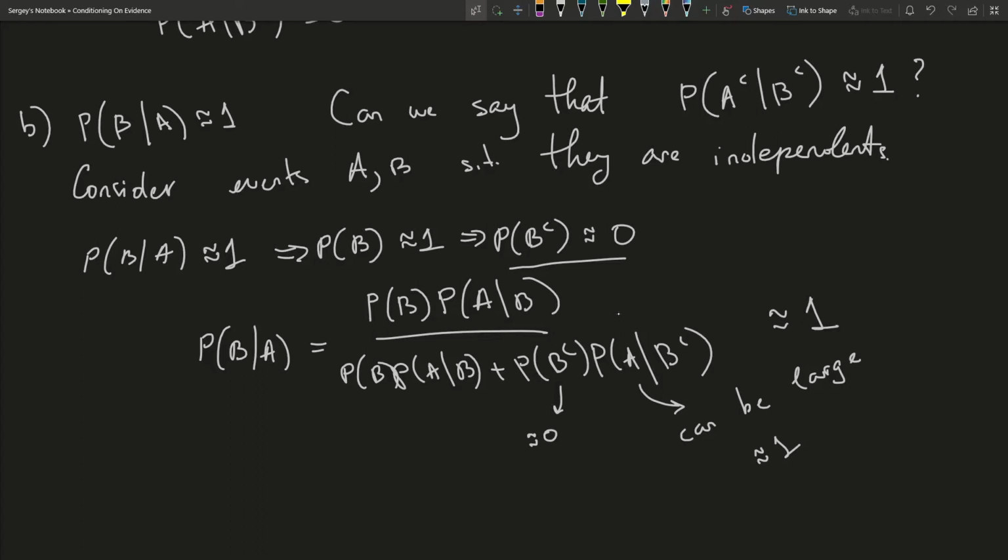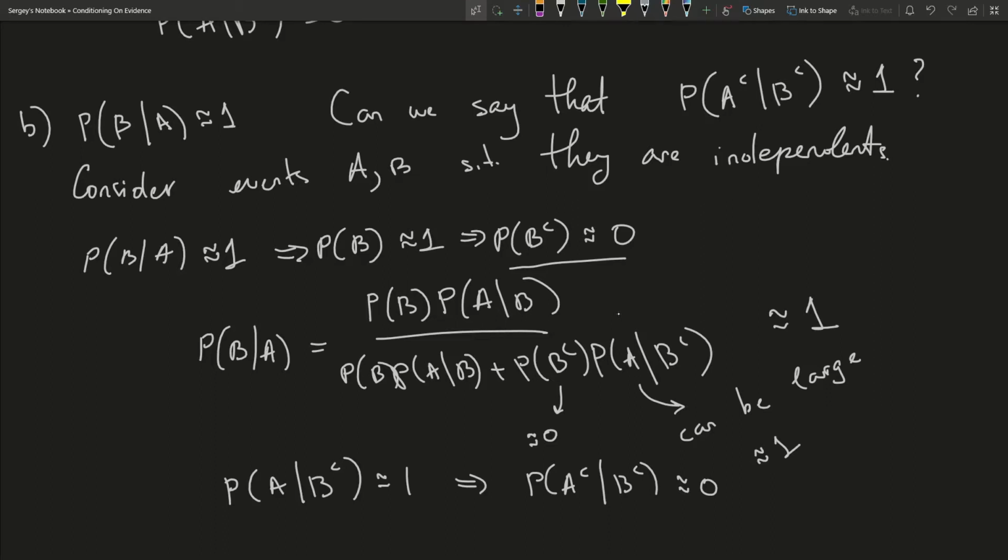It drags this product back down to 0, so the total expression is still almost equal to 1. And now because probability of A given B complement can be large, this implies that probability of A complement given B complement can be small, meaning approximately 0.